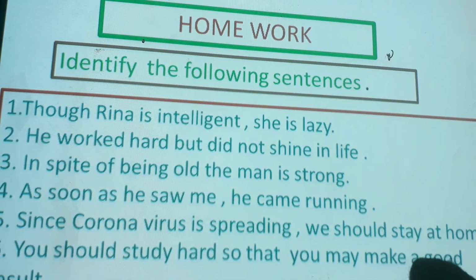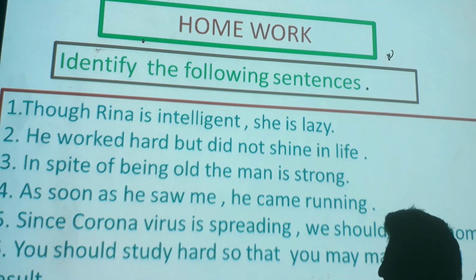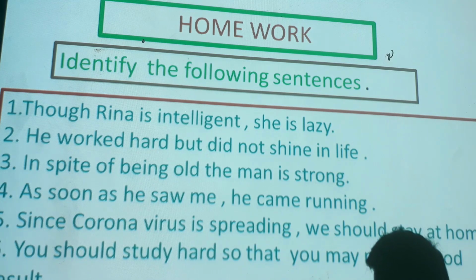Number one, though Rina is intelligent, she is lazy. Number two, he worked hard but did not shine in life. Just you will have to identify. Number one, which sentence? Number two, which sentence?